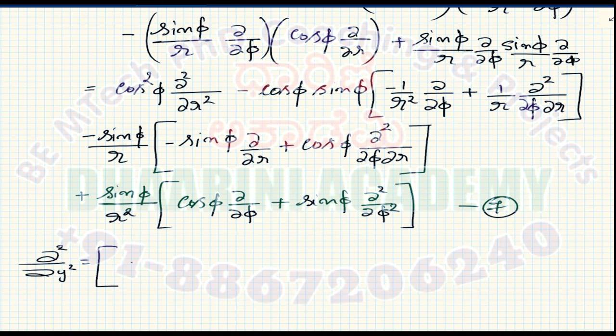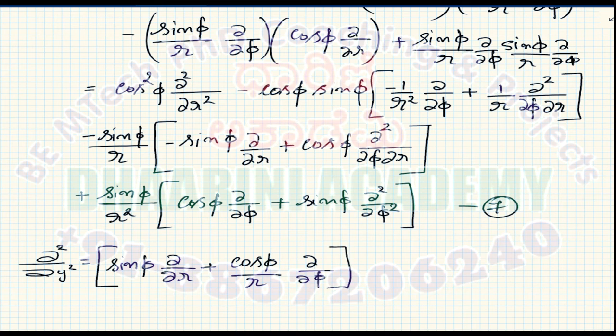The first term we are supposed to use is sine phi dou by dou r plus cos phi by r into the dou by dou phi, into the same thing.